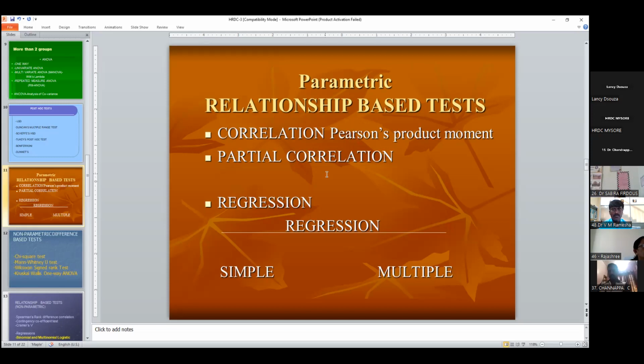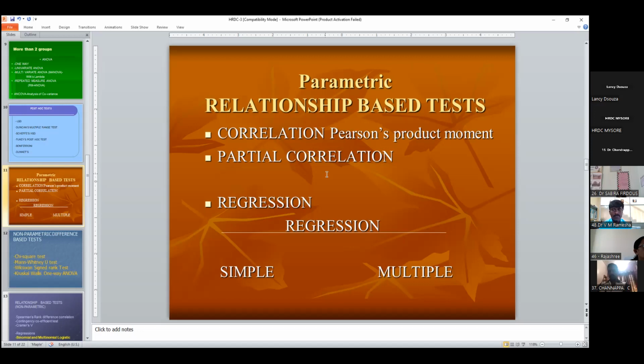X is the independent variable, and if x changes by 1 unit, what is the corresponding change in the y unit? That is the idea in simple regression: one independent variable versus one dependent variable. Whereas in multiple regression, you have several independent variables versus a single major dependent variable.